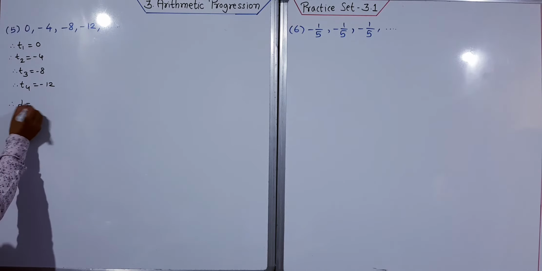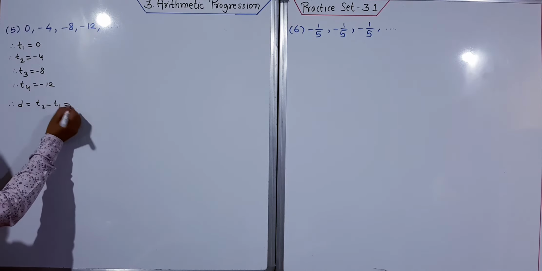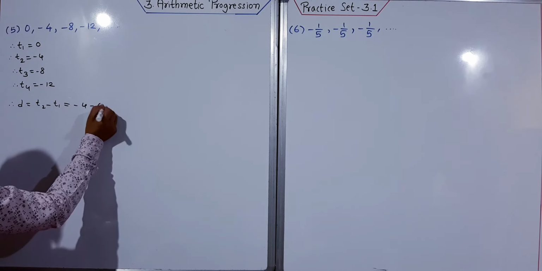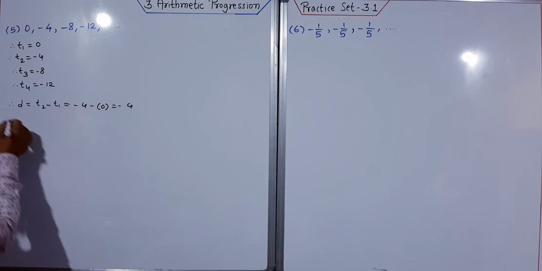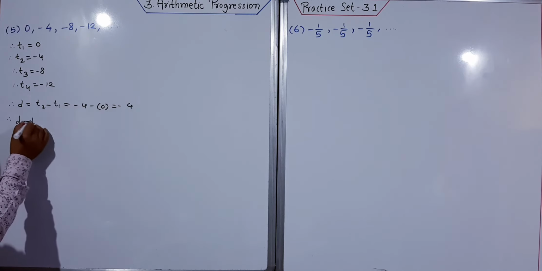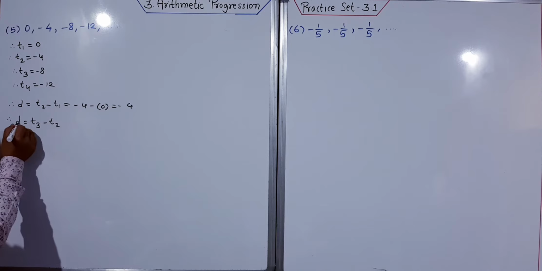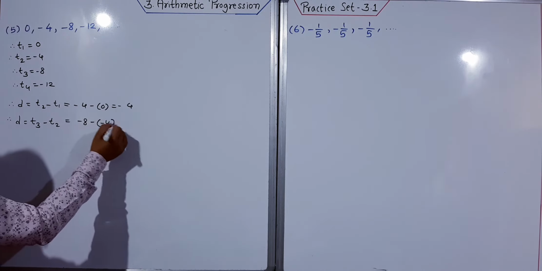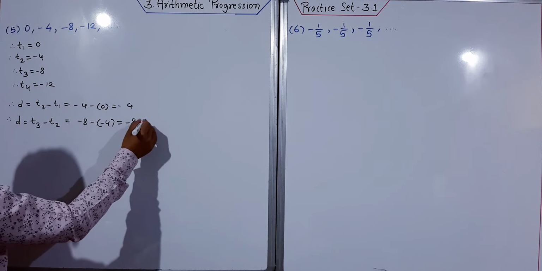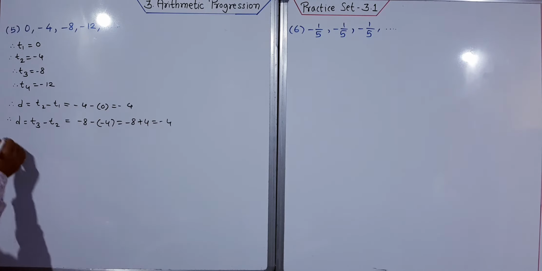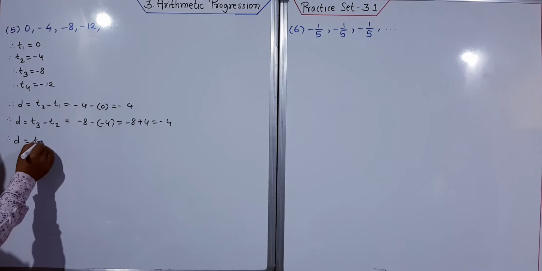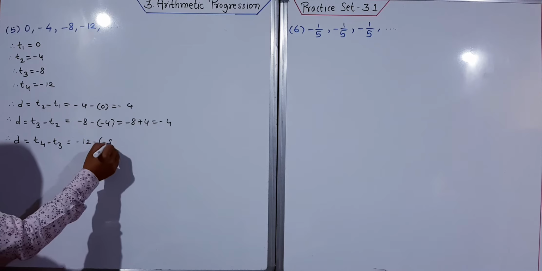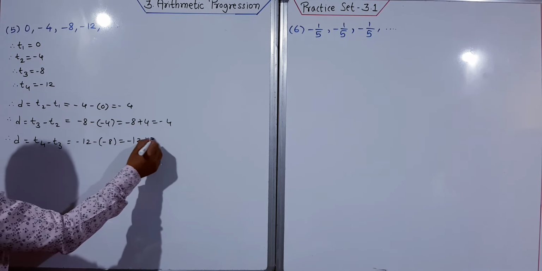Therefore D, the common difference, is T2 minus T1, so it is minus 4 minus 0, it is minus 4 only. Therefore D is equal to T3 minus T2, so we get minus 8 minus of minus 4, so it is minus 8 plus 4, it is minus 4. And D is equal to T4 minus T3, so it is minus 12 minus of minus 8, so it is minus 12 plus 8, so it is minus 4.